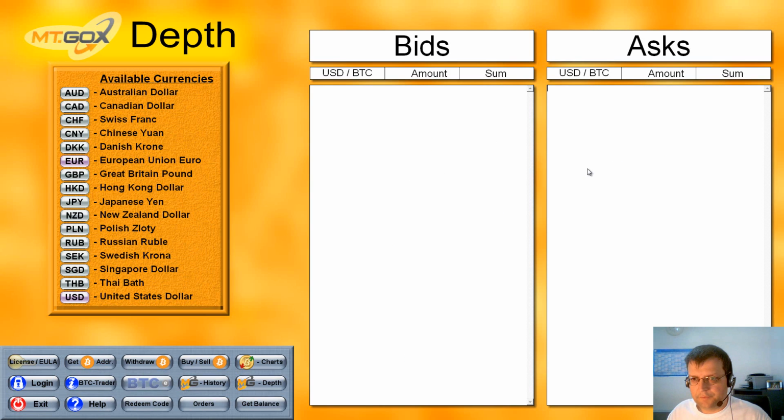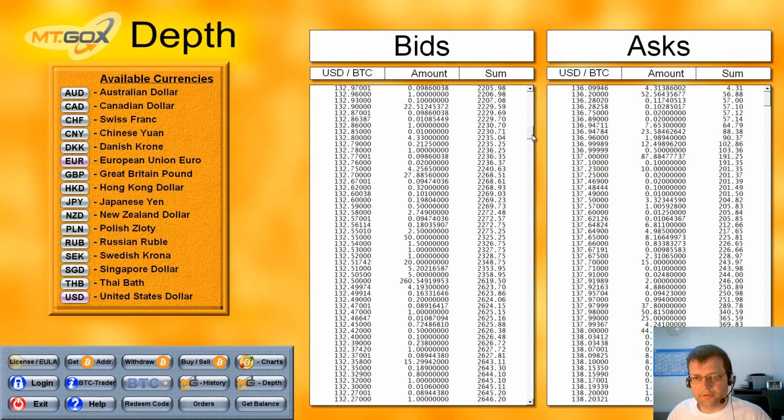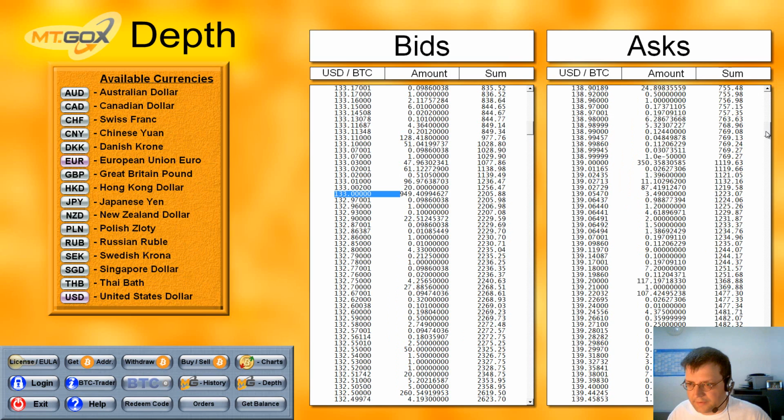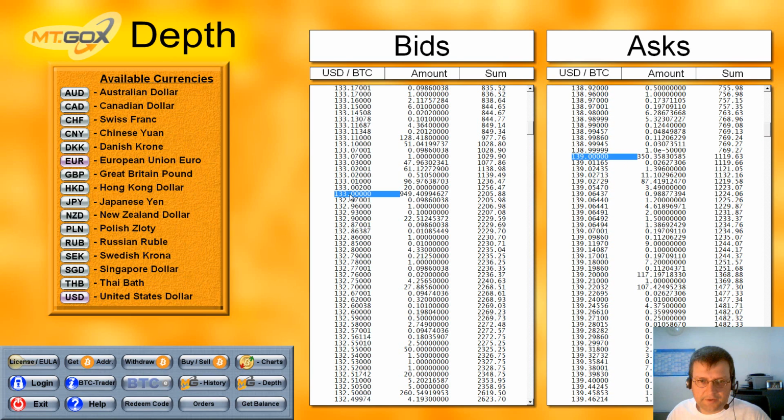So just wait a few seconds and then we will have a look if these bids still exist. So the bid is still available, and I guess the ask as well. So let's check these two price levels, 133 and 139.